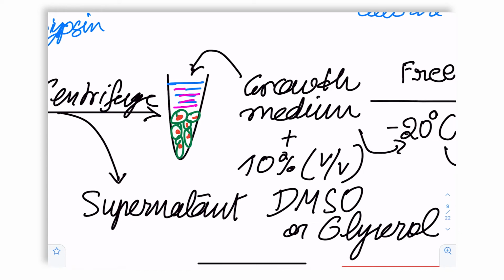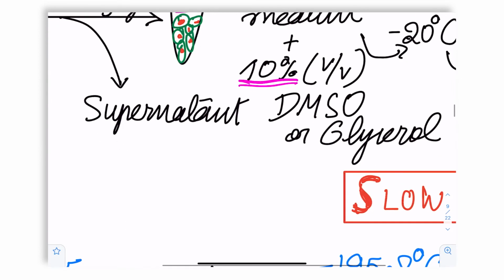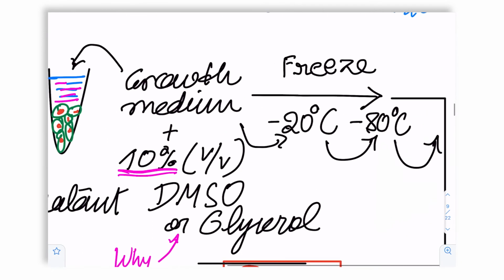And this depends, but typically you will find protocols or reproducible methods recommend to you 10% volume by volume of DMSO or glycerol. My first question to you is why? Yeah? Why do we use DMSO or glycerol?